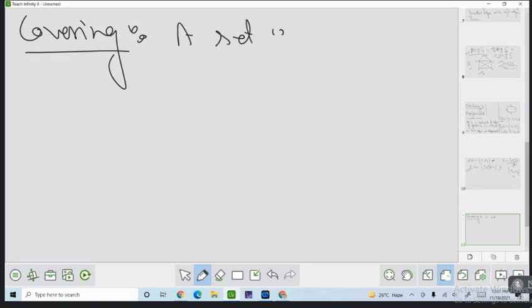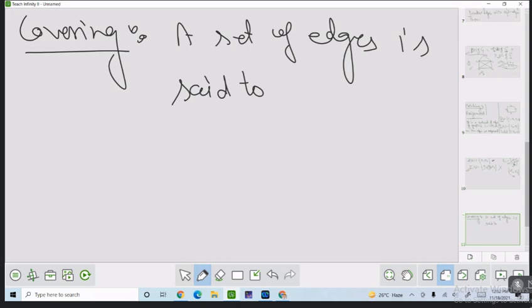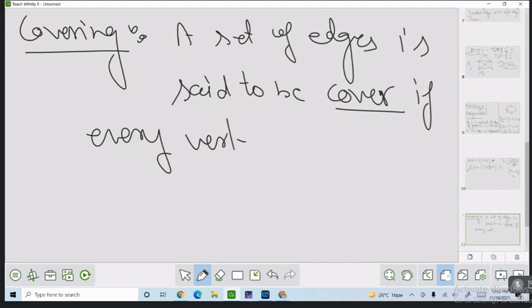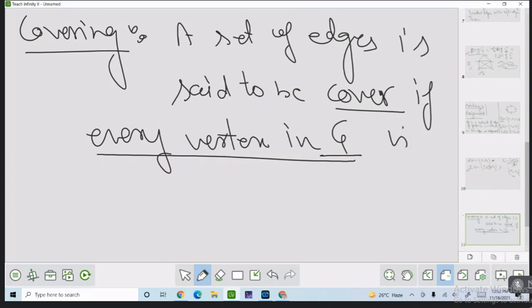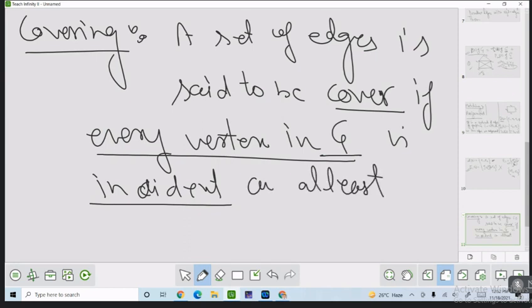A set of edges is said to be a covering if every vertex in G is incident on at least one edge.